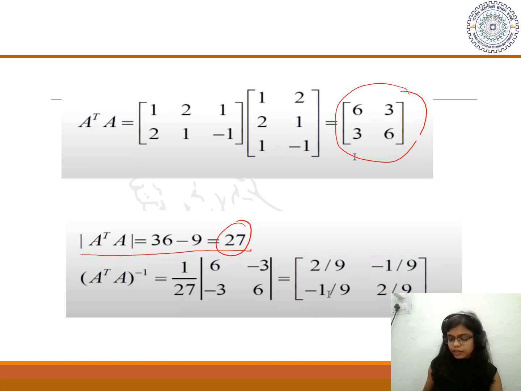Then next we are going to find the inverse of A transpose A. Here we have a simple 2 cross 2 matrix, and we can find the inverse using the formula 1 over AD minus BC times D, minus B, minus C, A. And here we have found this A transpose A inverse.